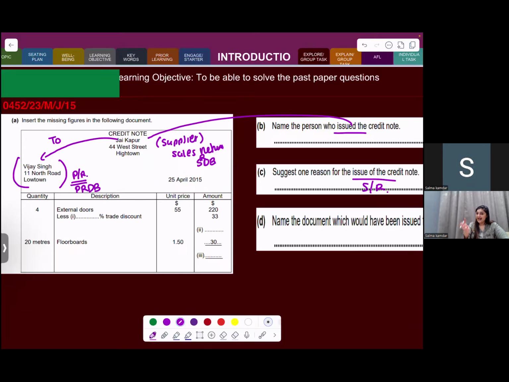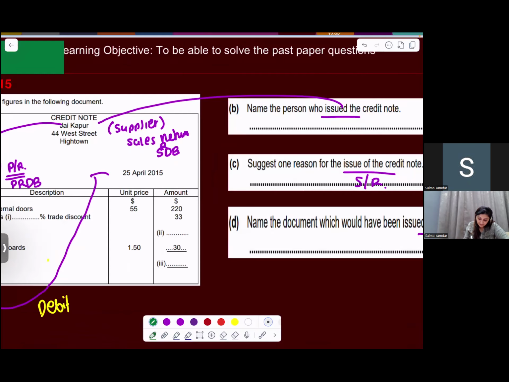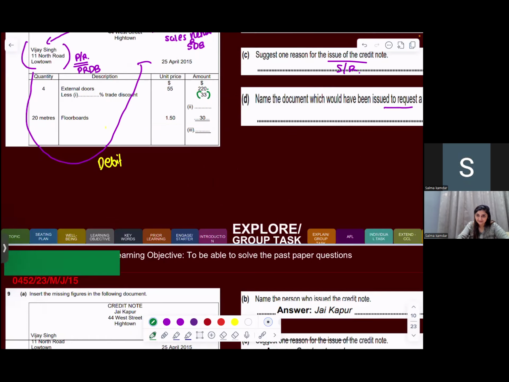If Jai accepts the request, he will issue credit note. But to request a sales return, Vijay might have sent a debit note. Plus, do not forget to see over here 220.33 trade discount is minus. So 220 minus 33 would have given this. Wait, let me check.